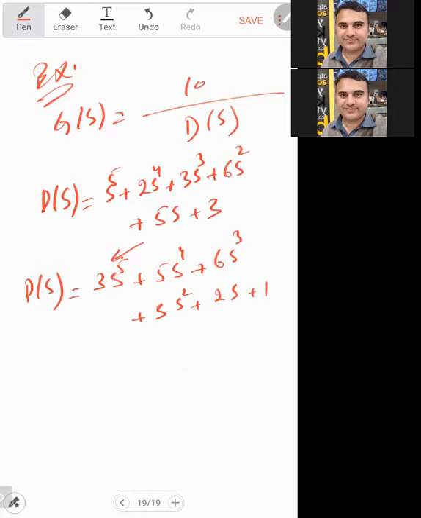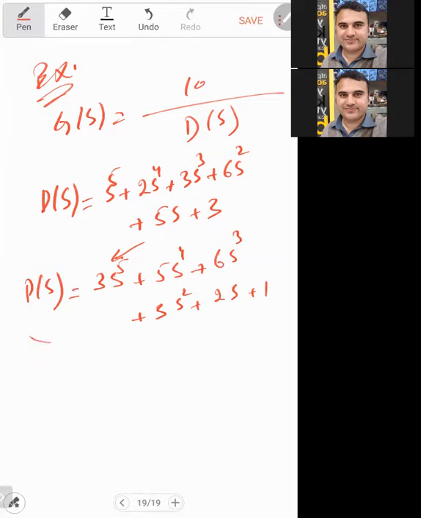We write the expression with the original denominator polynomial's coefficients in the reverse order.